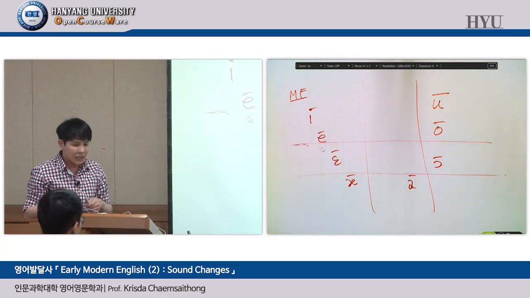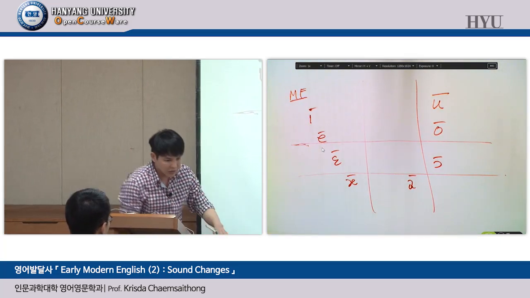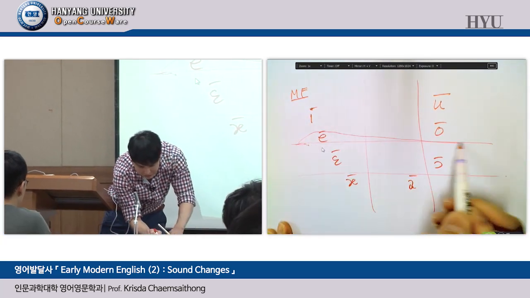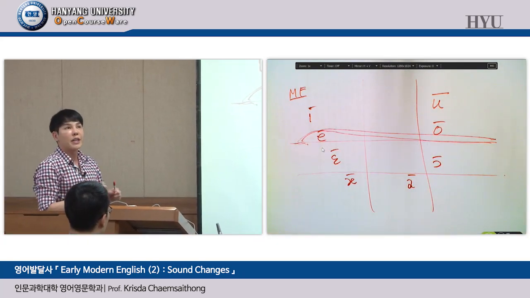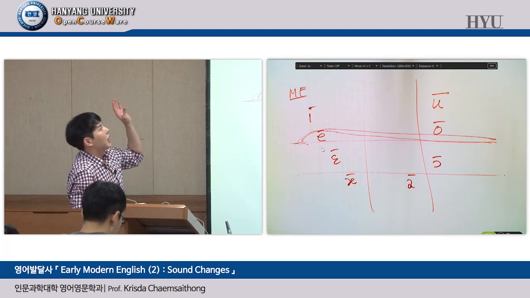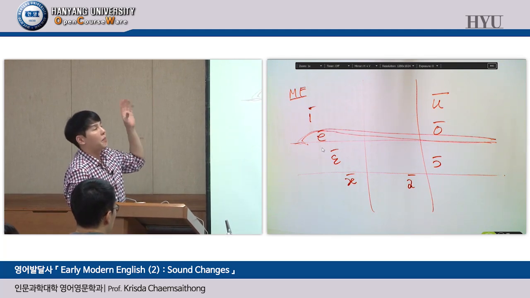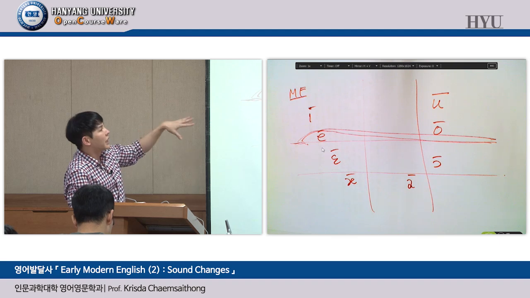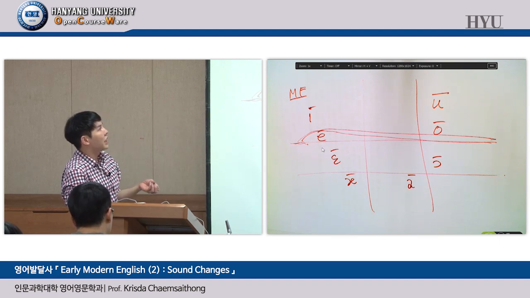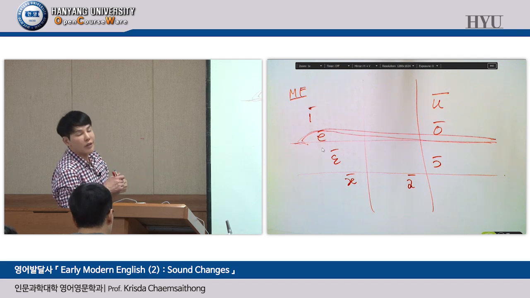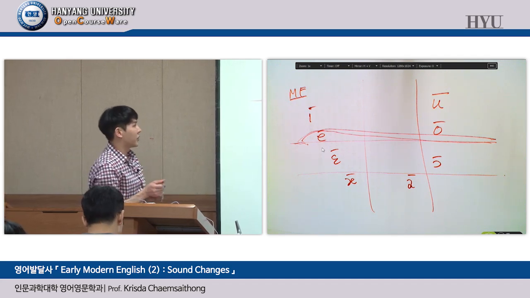You notice that all of these are long vowels. Remember, in Middle English, and also in Old English, we have pairs of long and short vowels. So these are all long vowels. The Great Vowel Shift only affected long vowels, right?